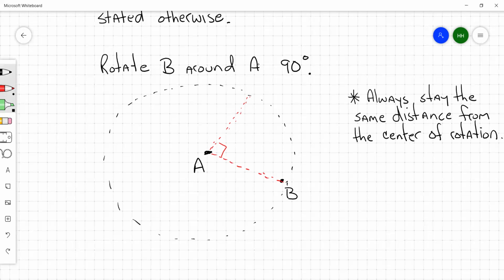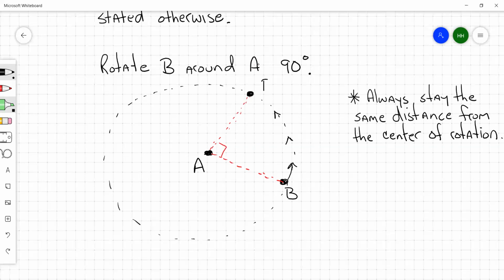So then what we do is we take B and now we move it. We rotate it. We pretend that B is connected to A with a string, and we move this string 90 degrees this way till we get to here.